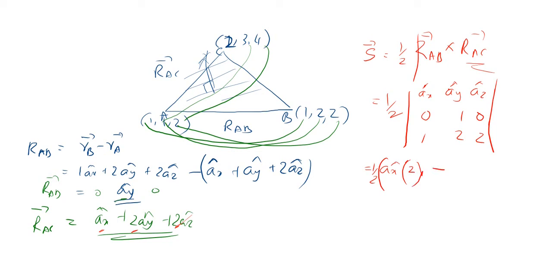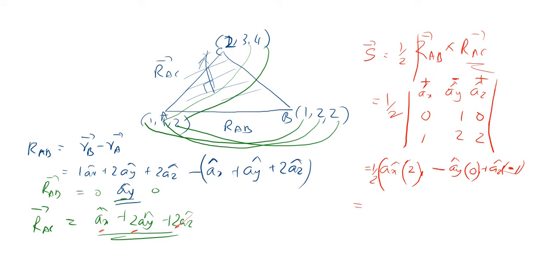Minus, so this is plus term, this is the minus term, so minus ay cap into 0 minus 0, that will be 0, plus az cap into, in bracket, 2 minus 1, that will be minus 1, 2 into 0, that will be 0 minus 1, 1 minus 1.